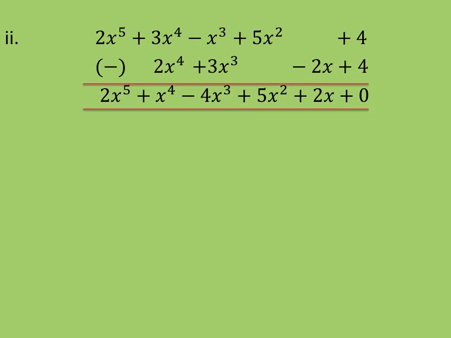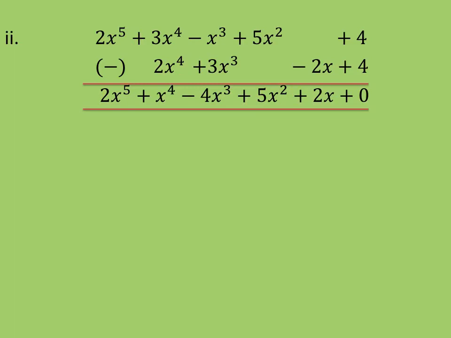Just like if you want to subtract minus 5 from 0, that will give you 0 minus minus 5. So minus will multiply minus and you have plus. It will give you plus 5. That is the reason why we are having plus 2x here. It is 0 minus minus 2x. So the minus will cancel the minus and we have plus 2x.